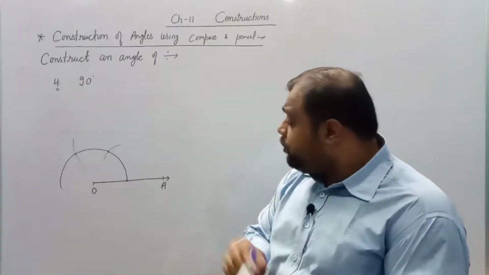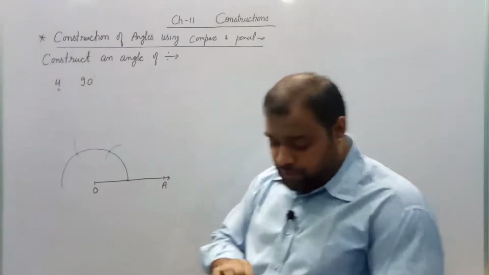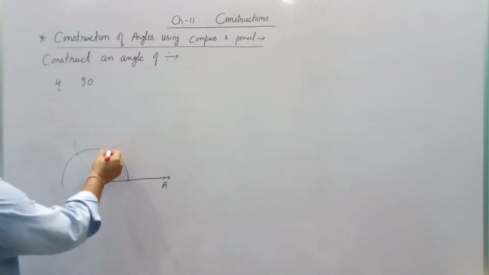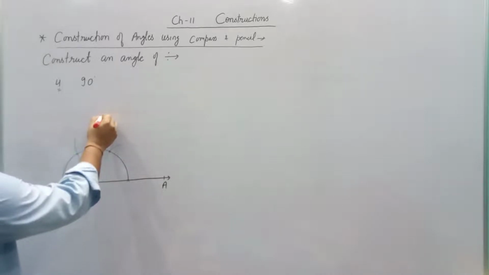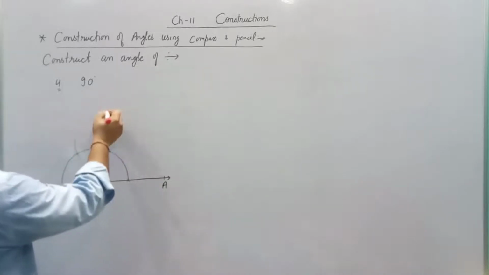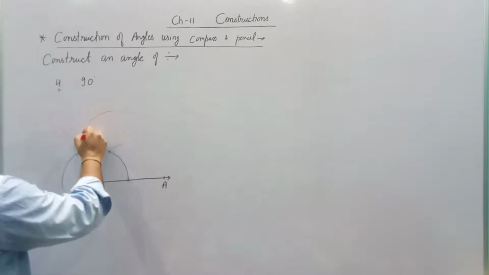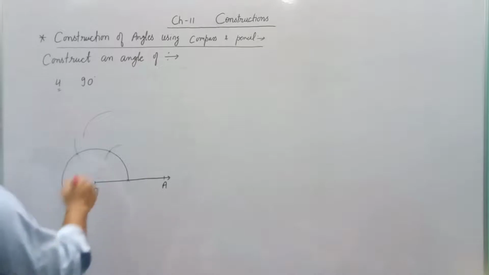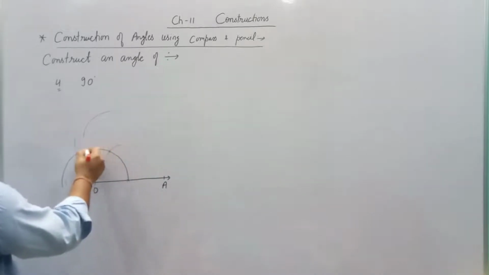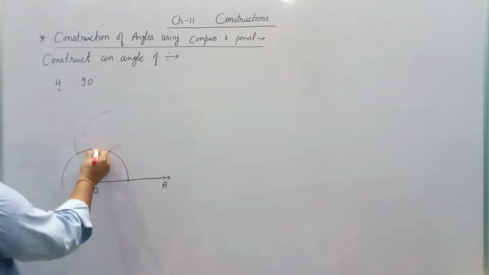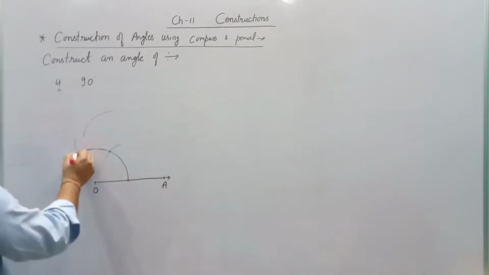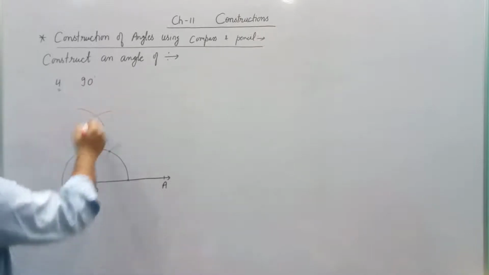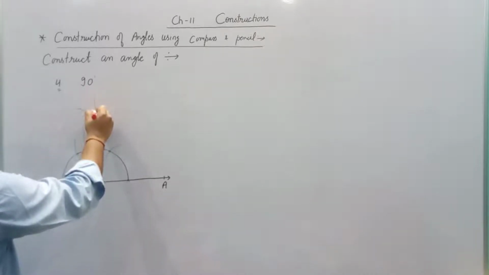Now from this point draw another arc, with a radius more than half of this arc. Taking 120 as center and more than half of this arc, draw another arc.